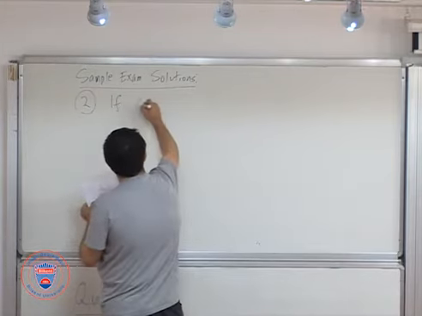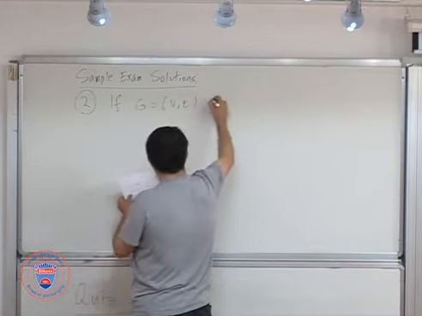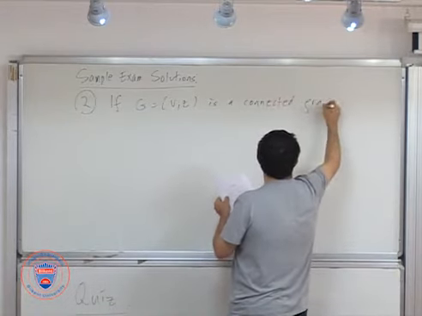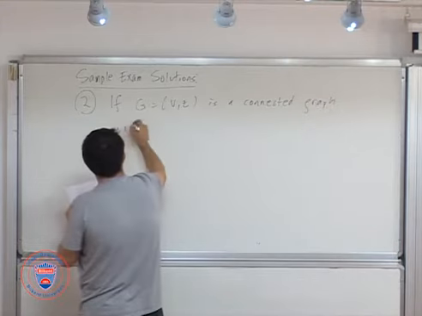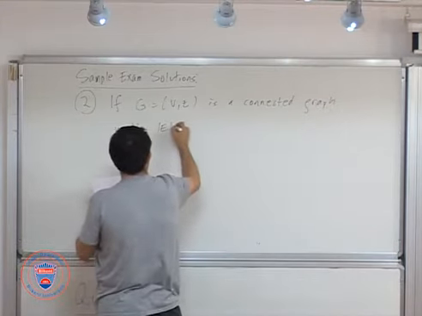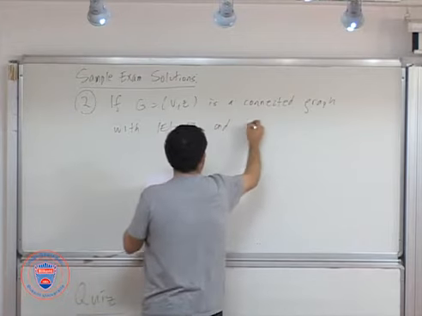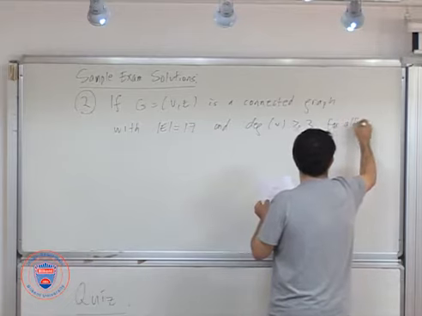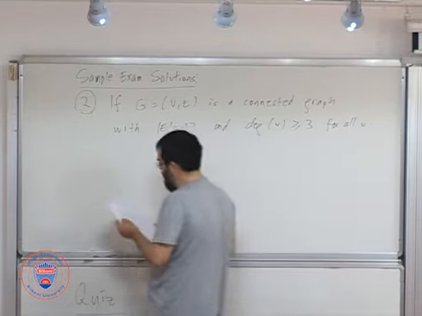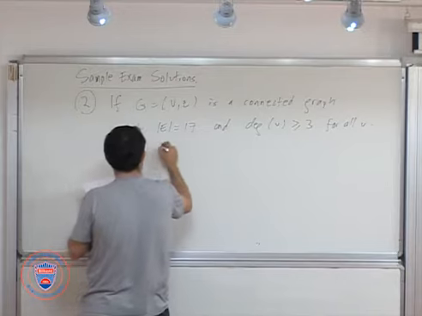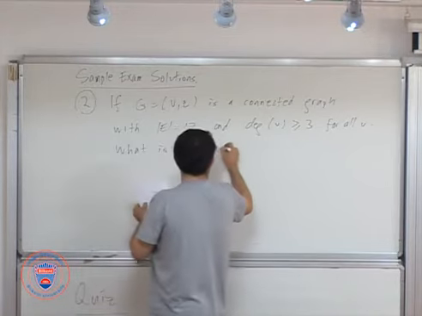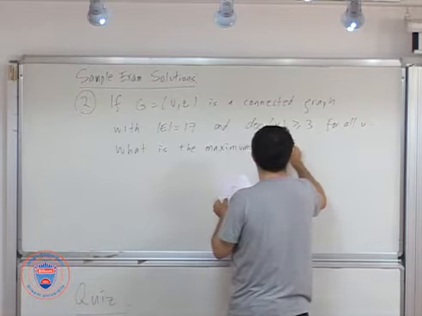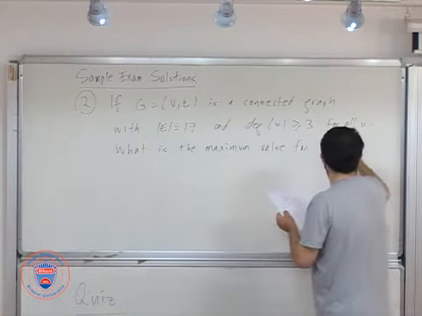So if G is a connected graph with 17 edges, and if the degree is bigger or equal to 3 for all V, what is the maximum value for V?